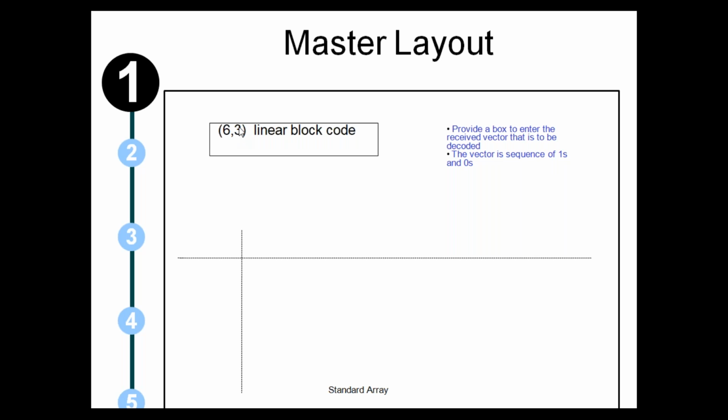That is, each message has length 3 bits and the code word corresponding to each message has length 6. We are generating a 6-bit code word corresponding to each 3-bit message word.